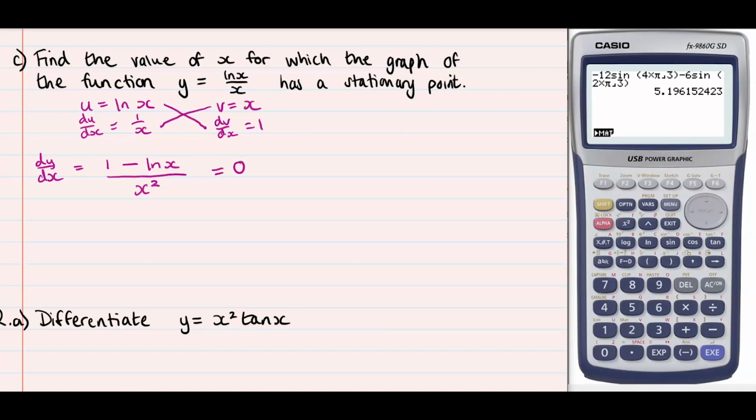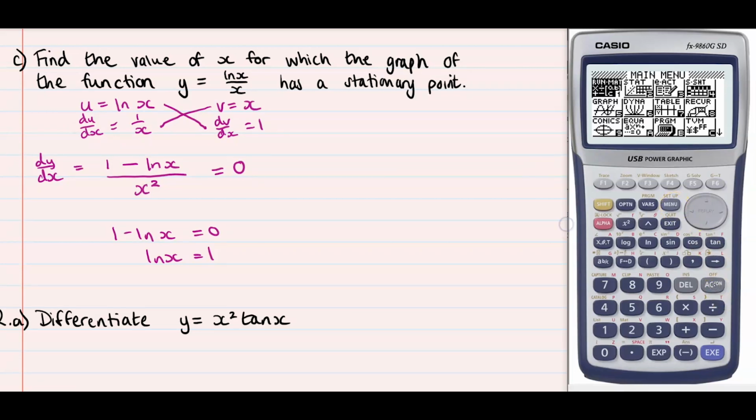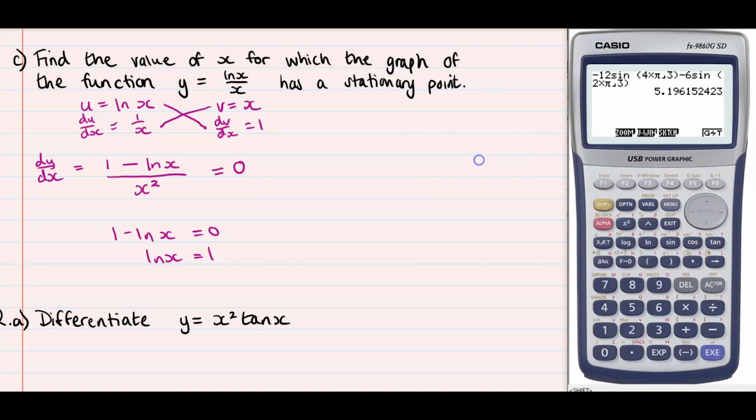So working that through, 1 minus the natural log of x is 0, so the natural log of x is equal to 1, and if we want to undo the natural log of x, we use e. So shift natural log gives us e to the 1, x is equal to 2.72.